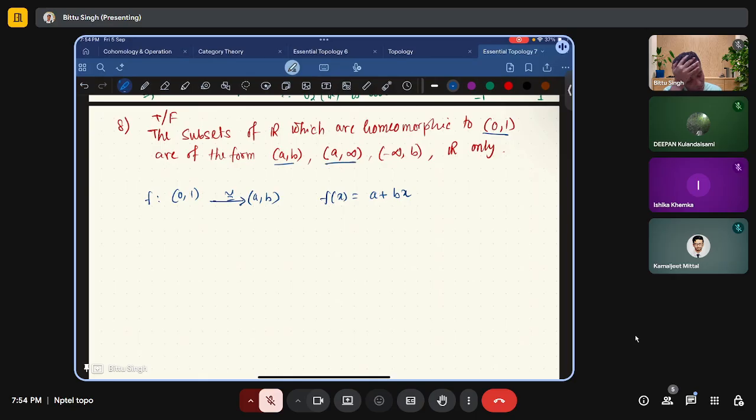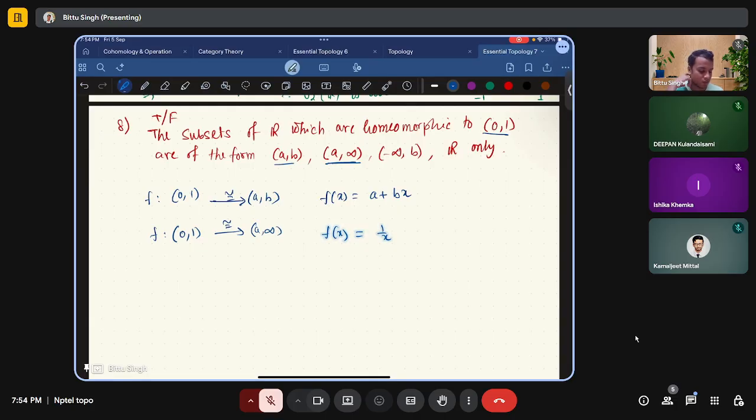Now what about a comma infinity? Can you see that 0 comma 1 is also homeomorphic to a comma infinity? So define f of x equal to 1 by x.